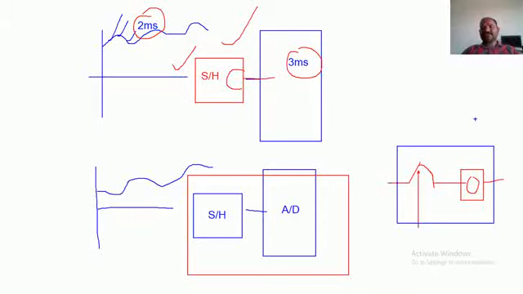This switch goes on and off with a frequency of twice the input signal frequency. If I assume the input signal frequency is f, then the sampling frequency is twice the input signal frequency.